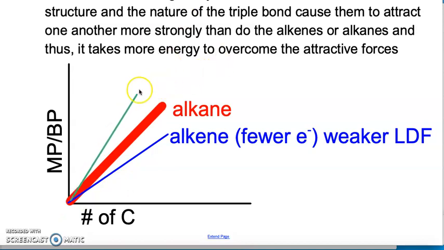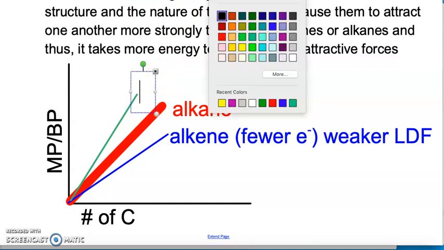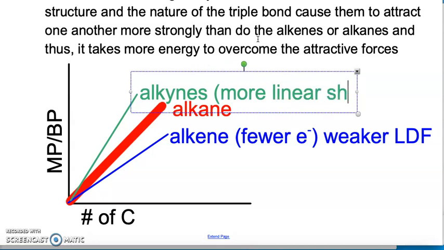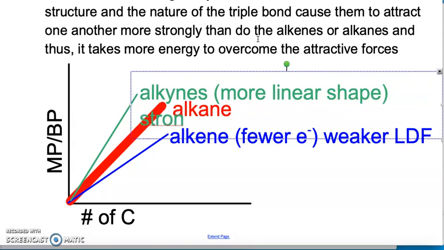And the reason that our alkynes are going to fit in up here is because it's not just about how many electrons you have. It's also about your shape. Okay, so although they have fewer electrons, they have a more linear shape. That actually means that they have stronger LDFs than those other ones do.